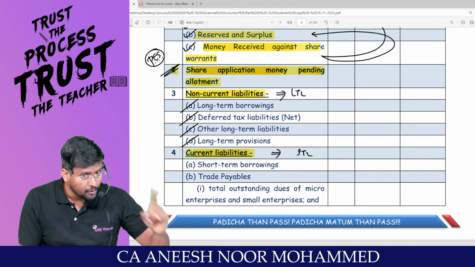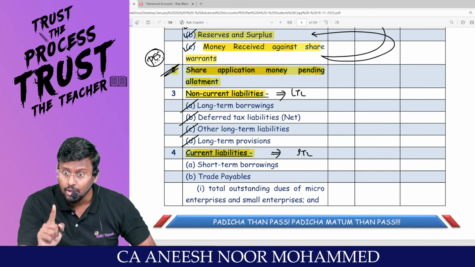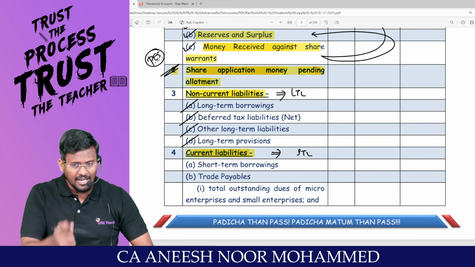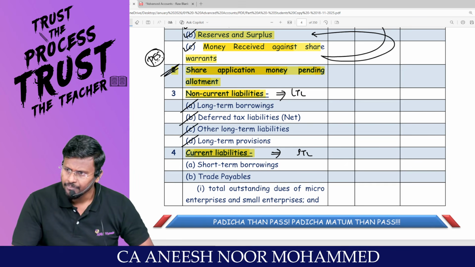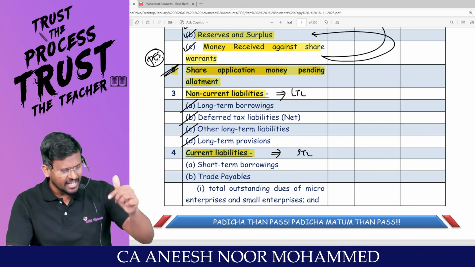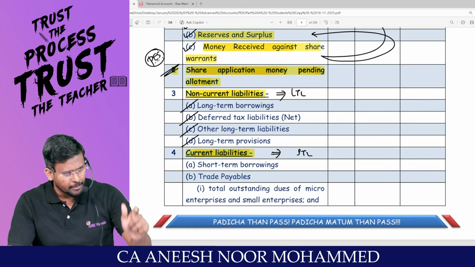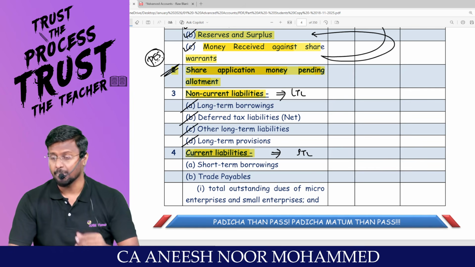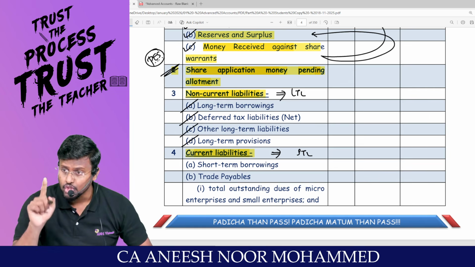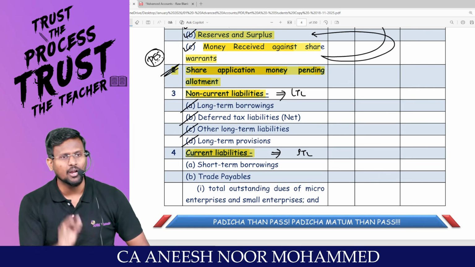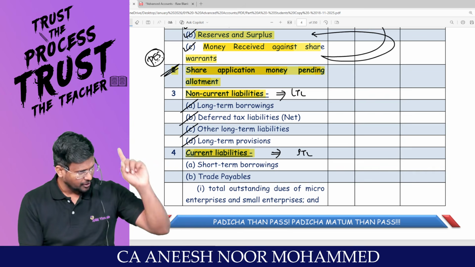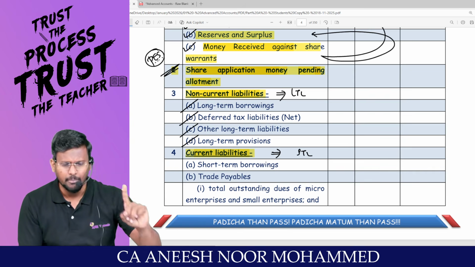The company may be issuing debentures. Is there any need to repay or redeem the debentures within one year? No, sir. That means debentures are not short-term in nature. Debentures are long-term in nature. So the first one is long-term borrowings.